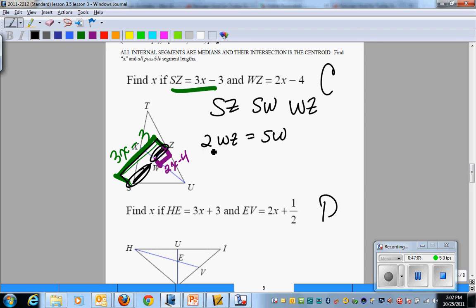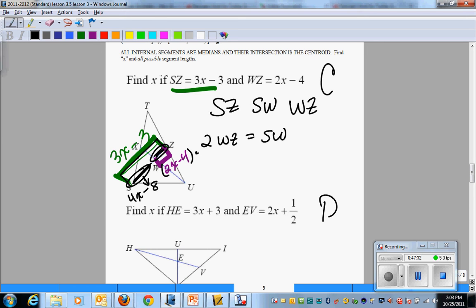We now know the equation of S to W, because what do we do to the purple to get the black? You times it by 2. So what's 2 times 2x? That's 4x. 2 times 4 is 8. So S to W is now 4x minus 8. Do you understand why? You double it.